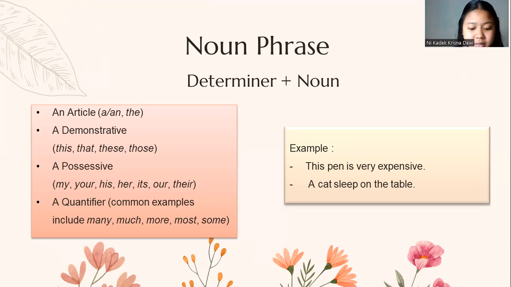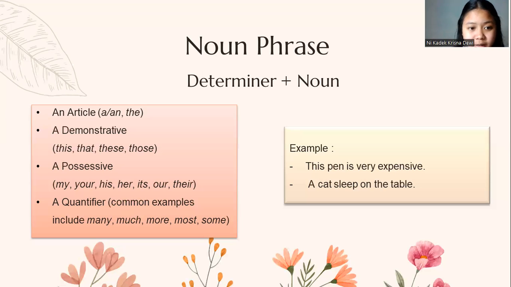Determiner is a word placed in front of a noun to specify quantity or to clarify what the noun refers to. All determiners can be classified as one of the following. The first, an article, like a, an, and the.